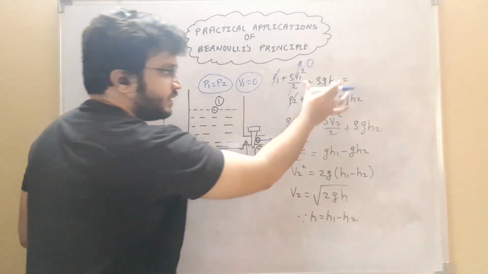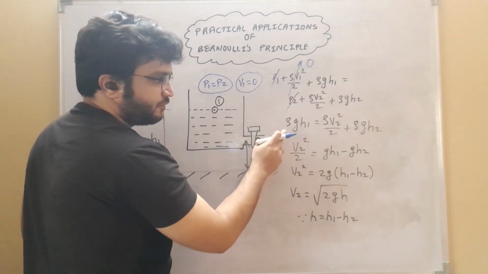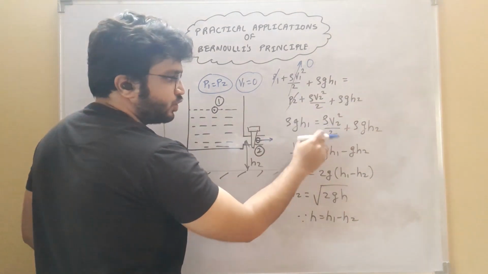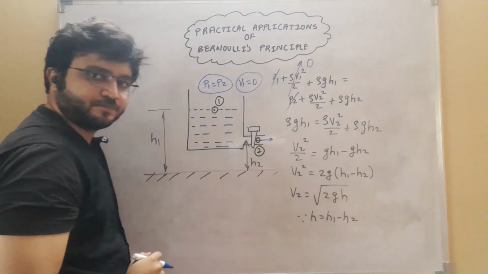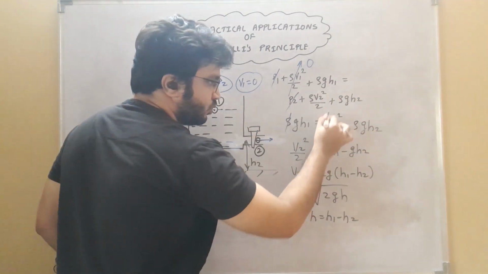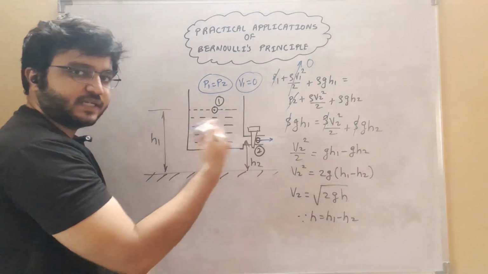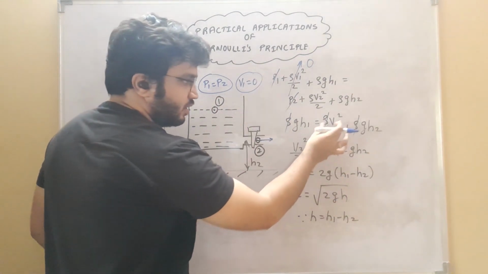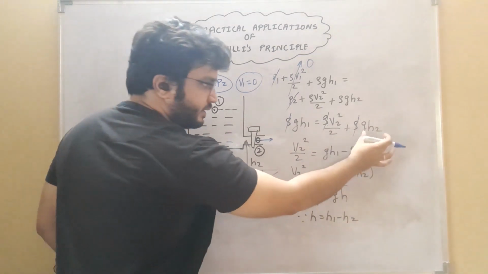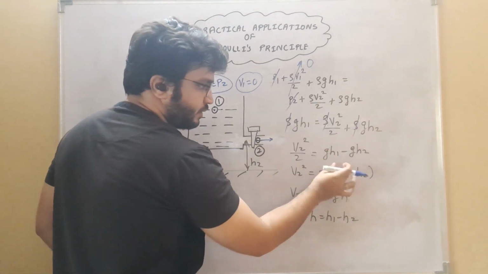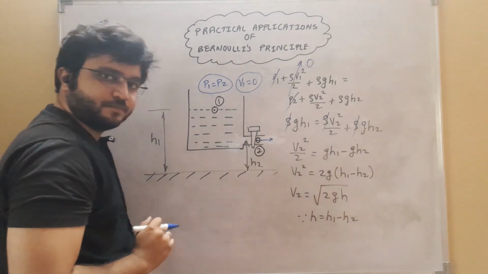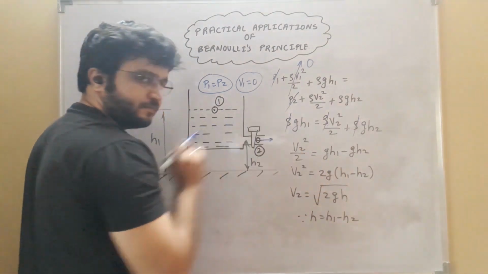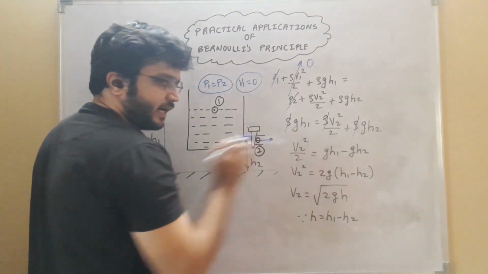And we can rewrite this expression as rho G H1 is equal to rho V2 square upon 2 plus rho G H2. Now we can cancel out rho since it is common on both sides. We can rewrite this expression as V2 square upon 2 equals G H1 minus G H2, taking this term on the left hand side. Now G is common and we can take the 2 to the right hand side.